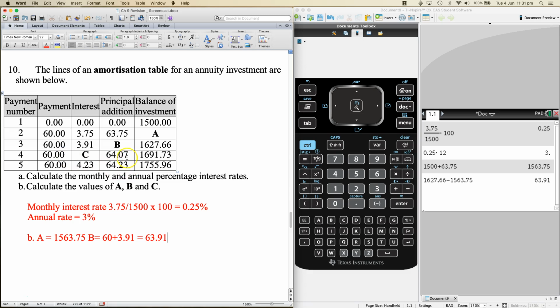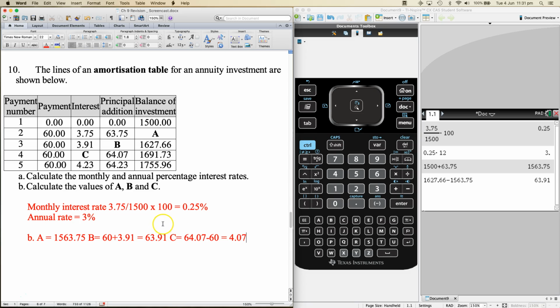The principal addition is $64.07. So the interest that must have been earned will be the difference between those two values. So C is going to be equal to 64.07 take away 60, which is $4.07.